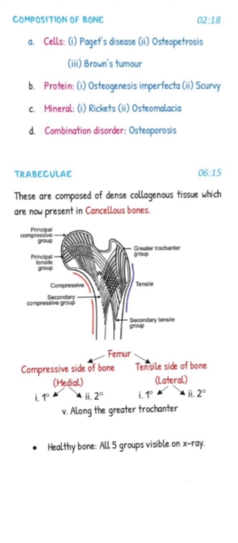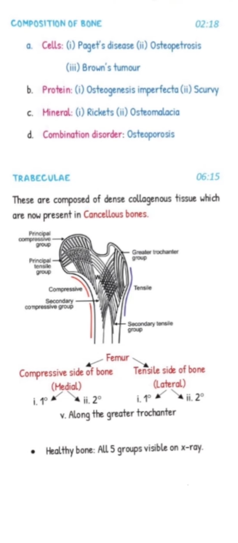So tensile group, greater trochanter tensile, this side tensile, this side compressive, and here we will have secondary compressive group. Primary is here, secondary is there, and this principal tensile group comes downward as a secondary tensile group. Okay.